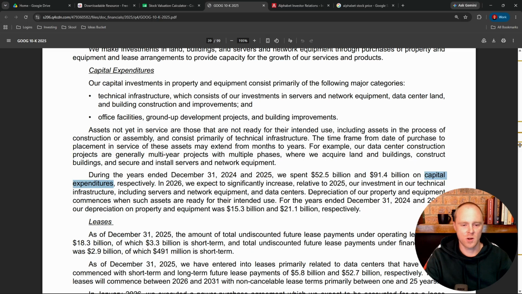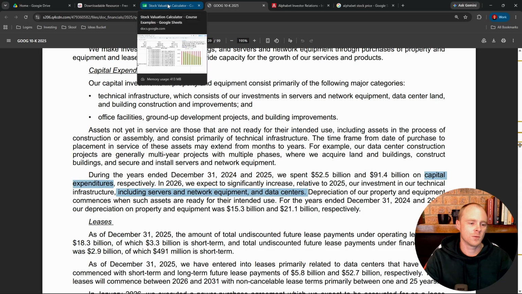All right. So over time, those assets will be depreciated. But at this stage, we can see that these guys are plowing a lot of their money into these servers, network equipment, data centers, and trying to get in on the rush to the AI. I guess build out the AI infrastructure and then be able to implement that in their products and services.